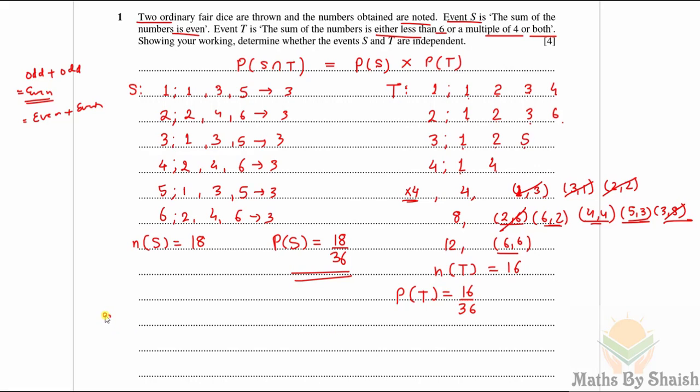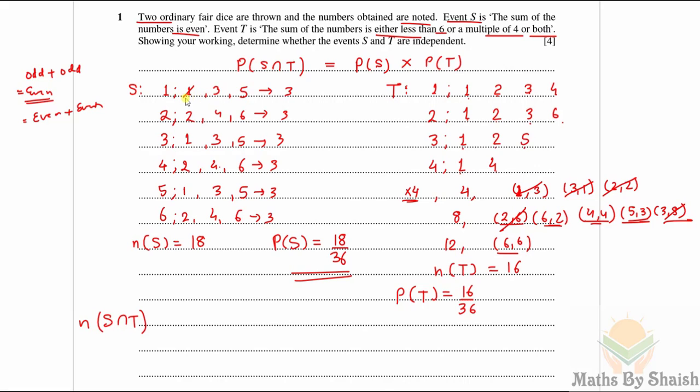Now we will calculate for S intersection T. Let's find out how many pairs are common in these two. We can see 1 1 is common.